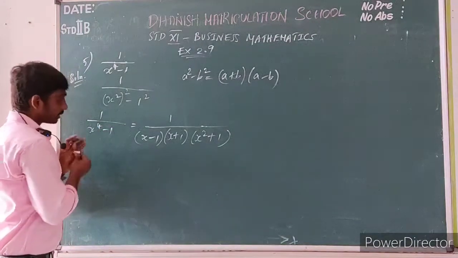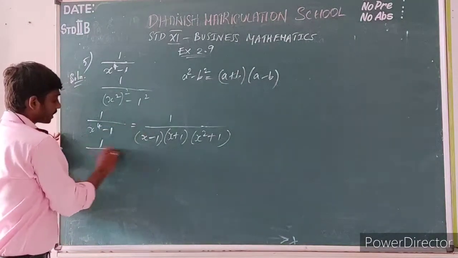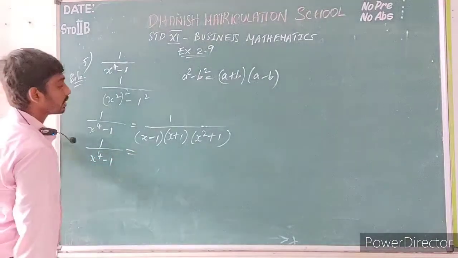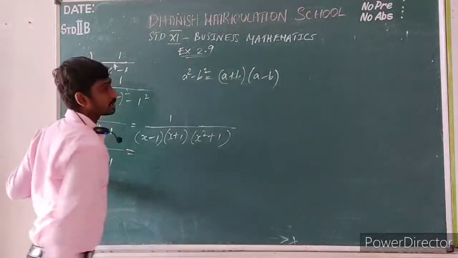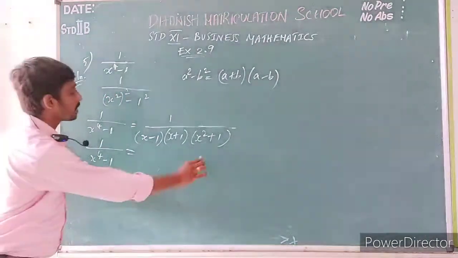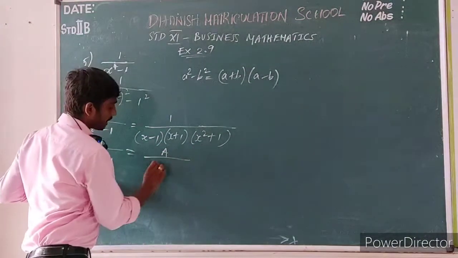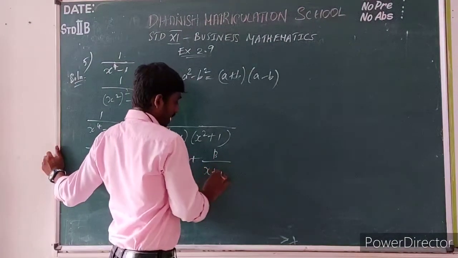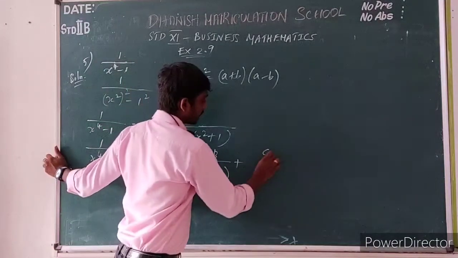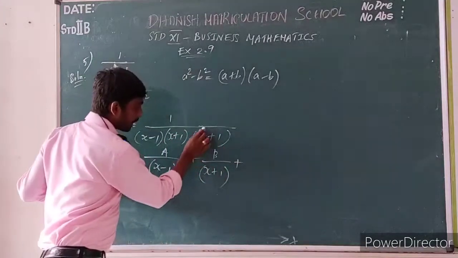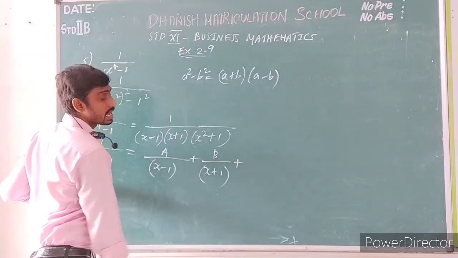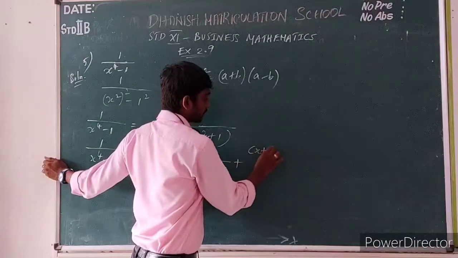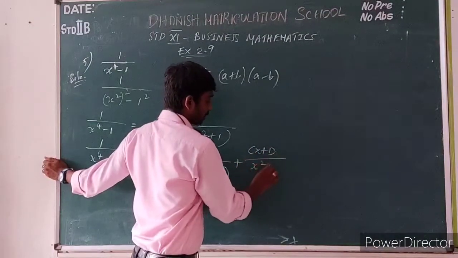Now we split this using constants. What constants do we use for partial fractions? We split it as A divided by x minus 1, plus B divided by x plus 1, plus, since here we have an x square term, Cx plus D divided by x square plus 1.